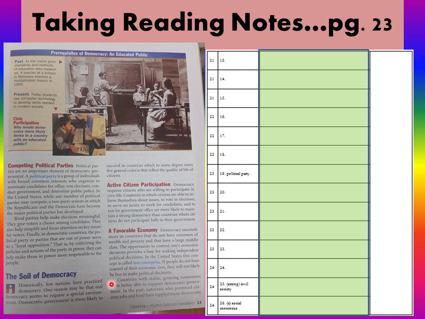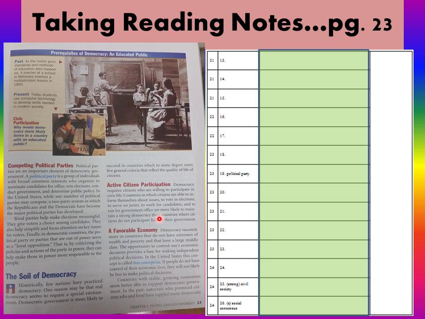Democratic government is more likely to succeed in countries which to some degree meet 5 general criteria that reflect the quality of life of citizens. Okay? I can't go to the next page without getting away from the screen, but I'm guessing that it says we need 5 general criteria. I'm guessing this is 1 criteria, 2 criteria, and that there's 3 on the next page.